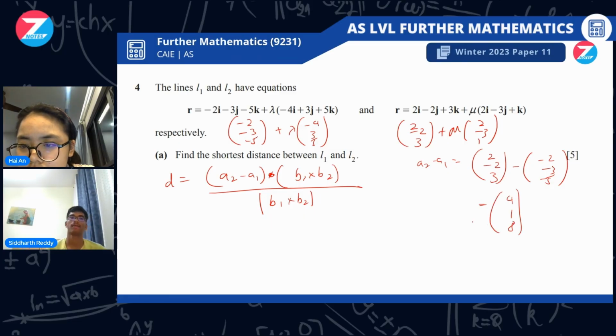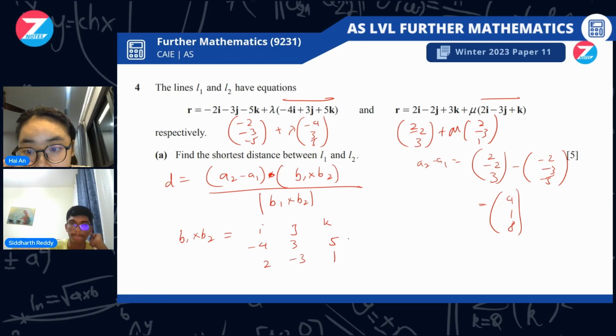Okay, let's find out B1 cross B2. So B1 and B2 stand for the direction vectors. It's these two. So it's going to be i, j, k of minus 4, 3, 5 and 2, minus 3, 1. So you can do this using a calculator, or you can do this using arithmetic. So it's just going to be 3 times 1 minus 15. So that's 18.